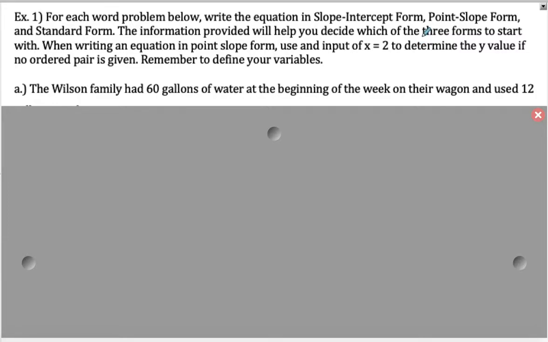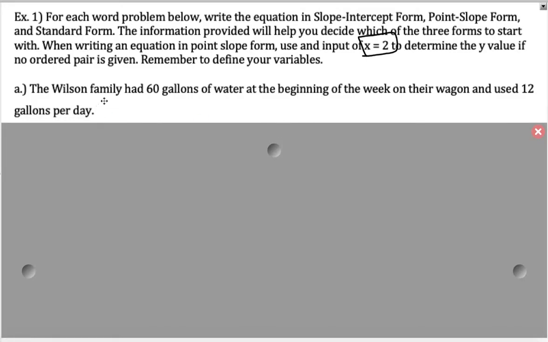Then we'll use algebra to create the other two versions if needed. When writing the equation in point-slope form, we're going to use x equals 2 to determine the y value if there's no ordered pair given in the problem. And remember, we want to define our variables.